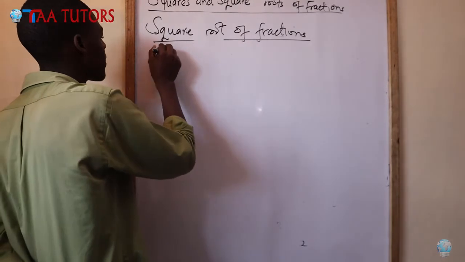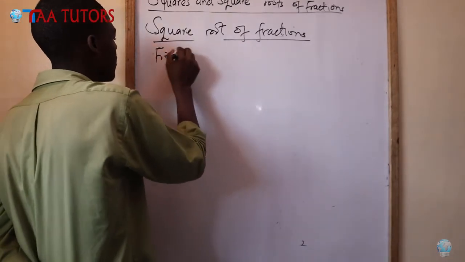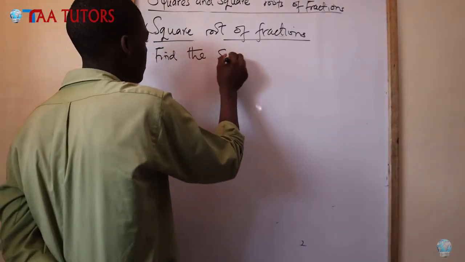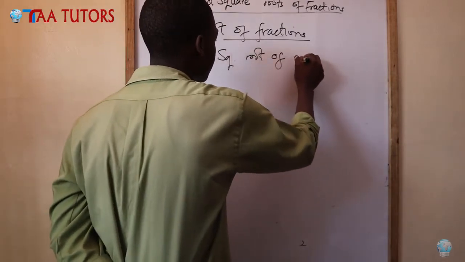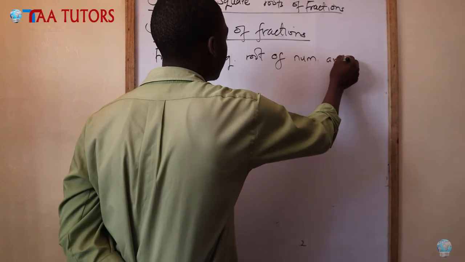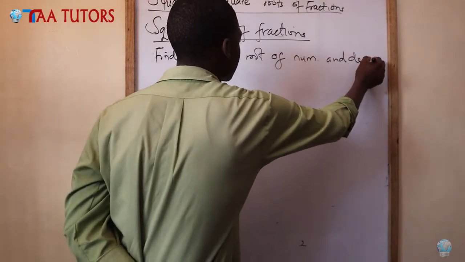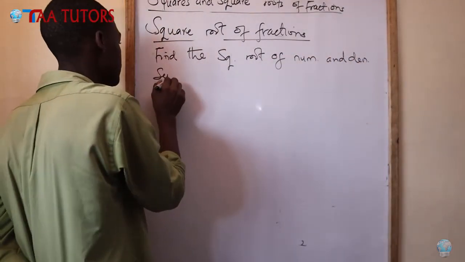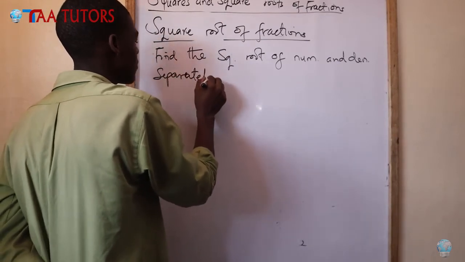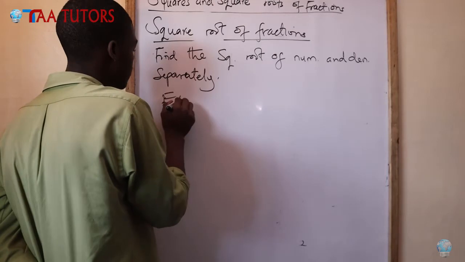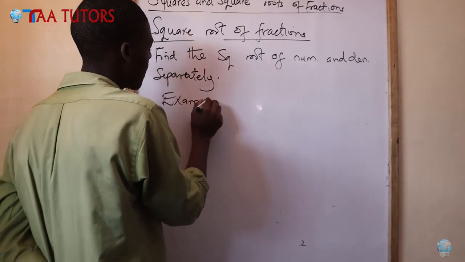I've said find the square root of the numerator and the denominator separately. I'll just go forward to do an example.